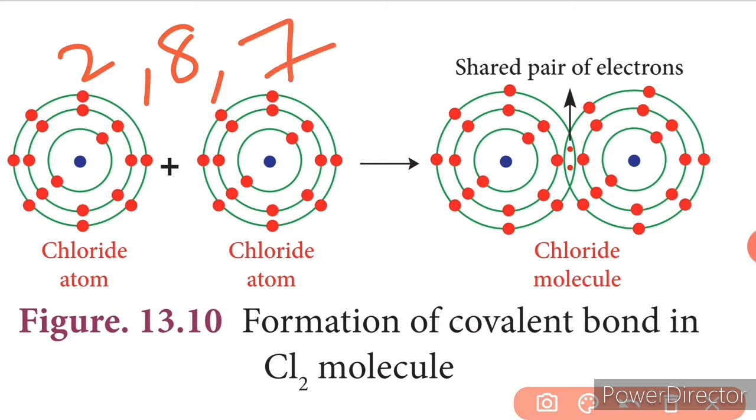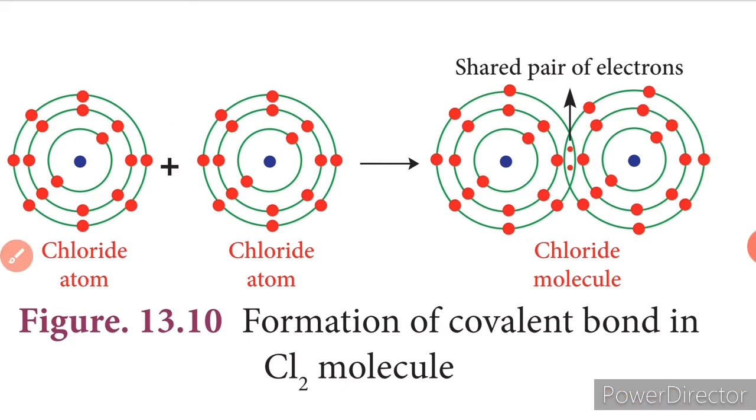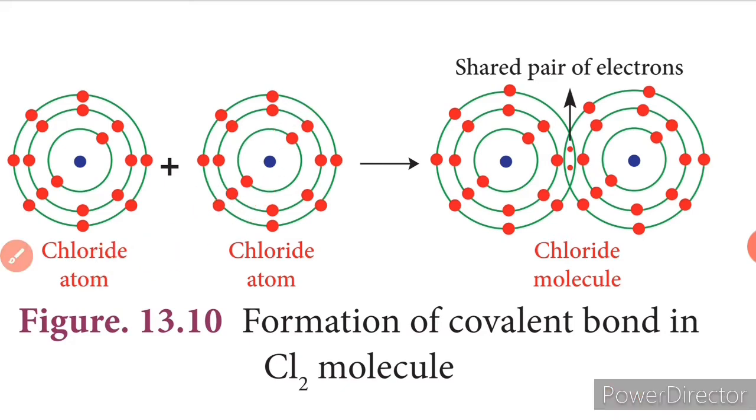So it has 7 electrons in its outermost shell, and it can gain 1 electron. Each atom should have 8 electrons in its outermost shell. So each chlorine atom needs 1 electron, so they share an electron between them to form a covalent bond.